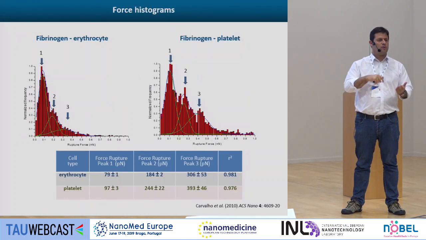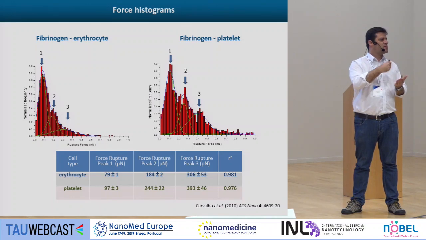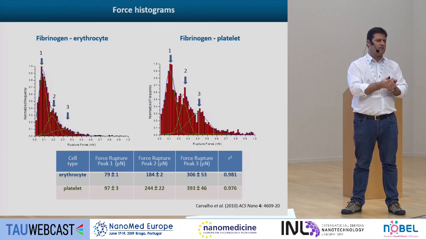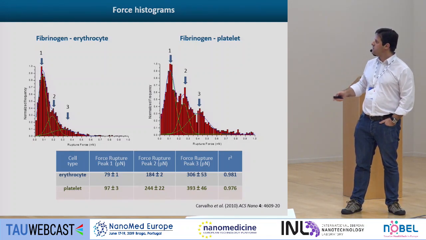And by performing these single molecule level measurements thousands of times, we can build up these histograms from which we can extract the typical force necessary to break the bond between fibrinogen and its receptor. In this case, on the first set of studies many years ago, we conducted in parallel studies with platelets that worked for us as a proof of concept and as a control to validate all our results.